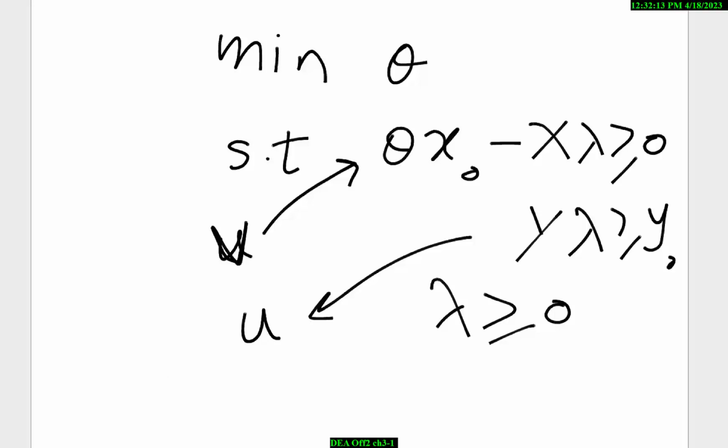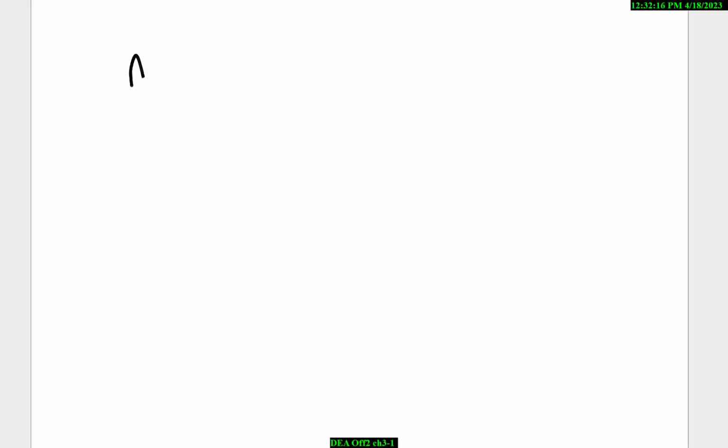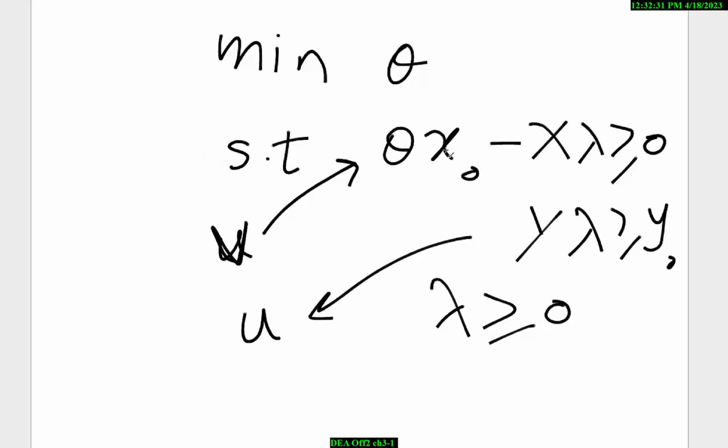So the dual is maximize u y o subject to the constraint corresponding to theta, which will be v x o equal to 1. It is equality because theta is unrestricted in sign.